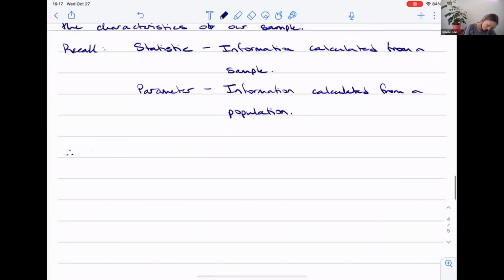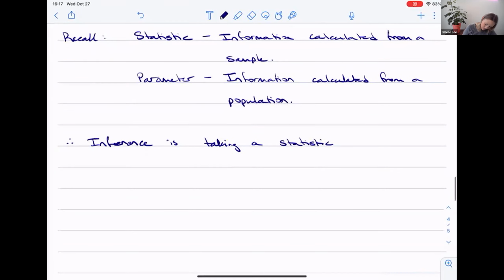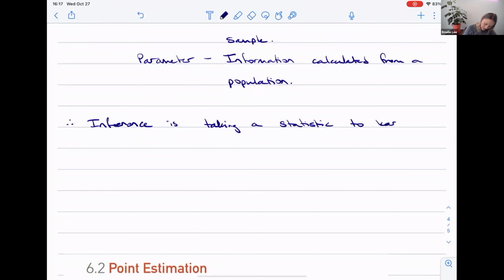Therefore, inference is taking a statistic to learn about its corresponding parameter.